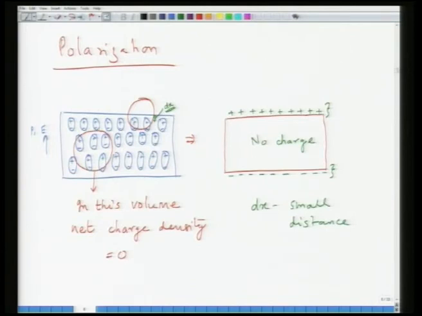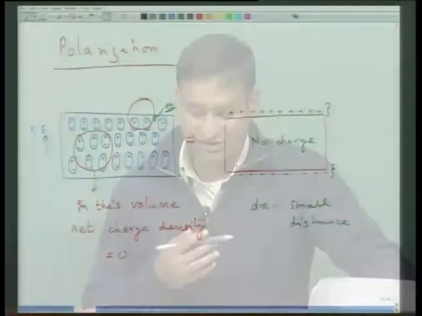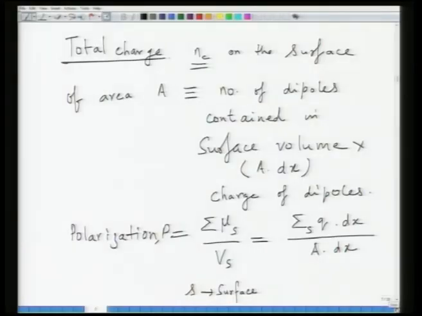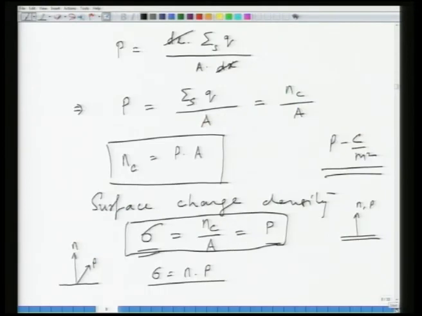However, when you probe at the surface, what you find is that the surface has a particular type of charge in excess, and this excess charge gives rise to a build up of charges on the surface. Because of the application of the electric field, and the creation of dipole moment, these charges are shifted by a small distance, let us say dx. So from this, what we worked out was the concept of polarization, which is nothing but your surface charge density, as we found out later on. So this sigma surface charge density is nothing but your polarization.